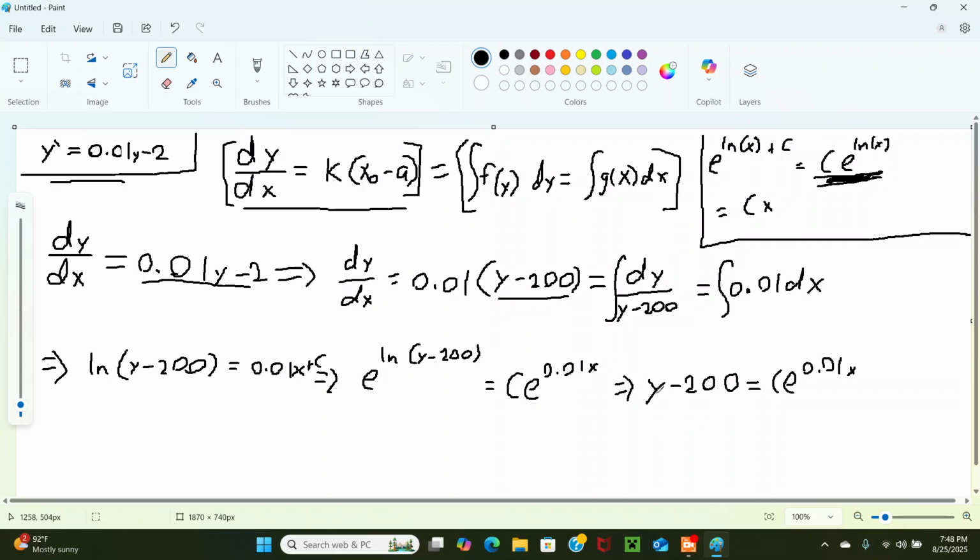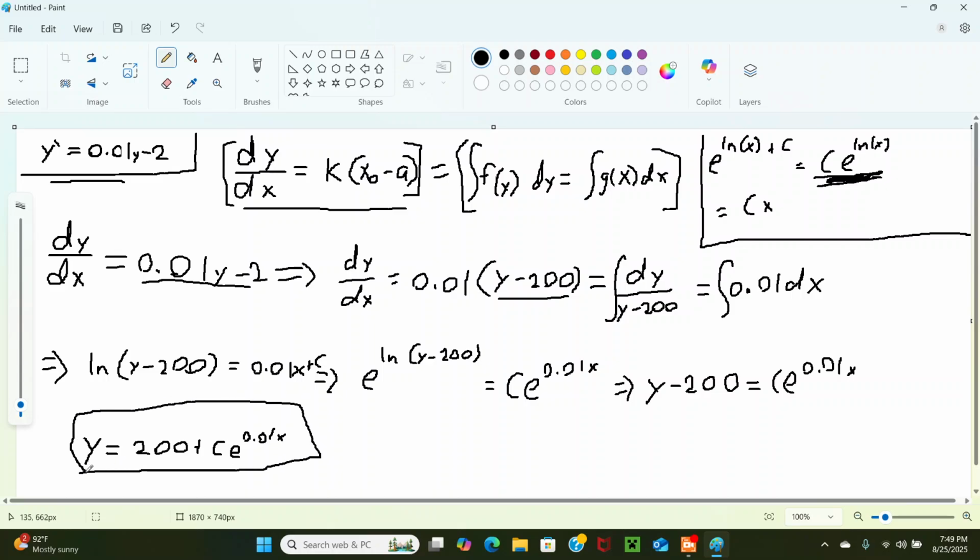Now, to isolate y, we just add 200 to both sides. So y is equal to 200 plus c e to the 0.01x. And this is our particular solution for this differential equation.